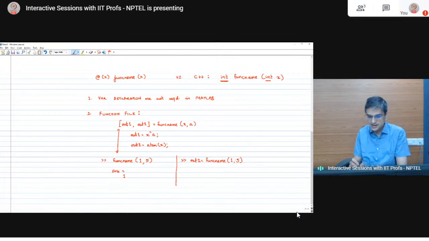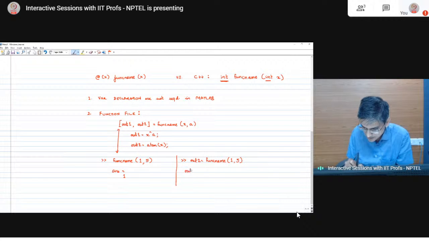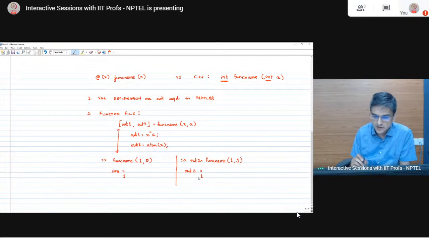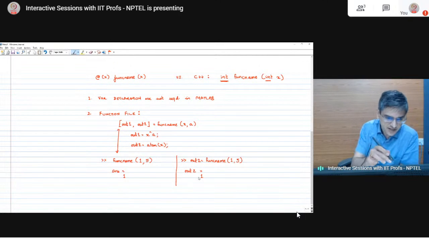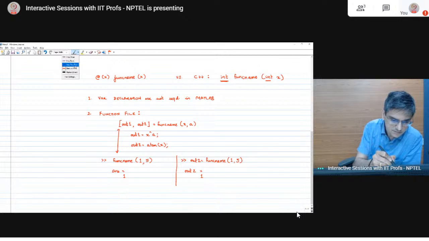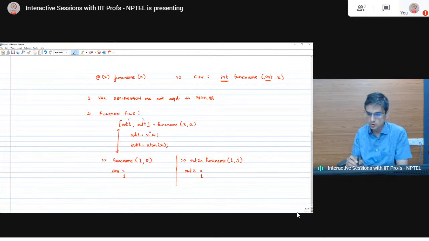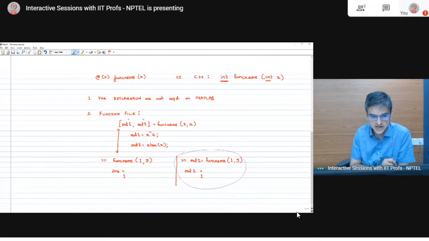If instead you were to call this function as out2 equals the function call, again you will get the result as out2 equal to 1. Why does that happen? As I have said while defining the functions, this variable name has absolutely no meaning when you are calling it from outside.